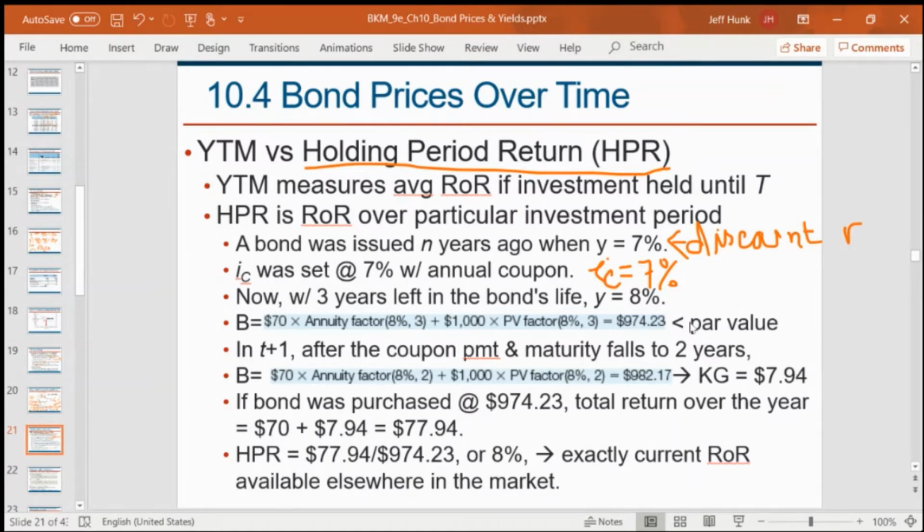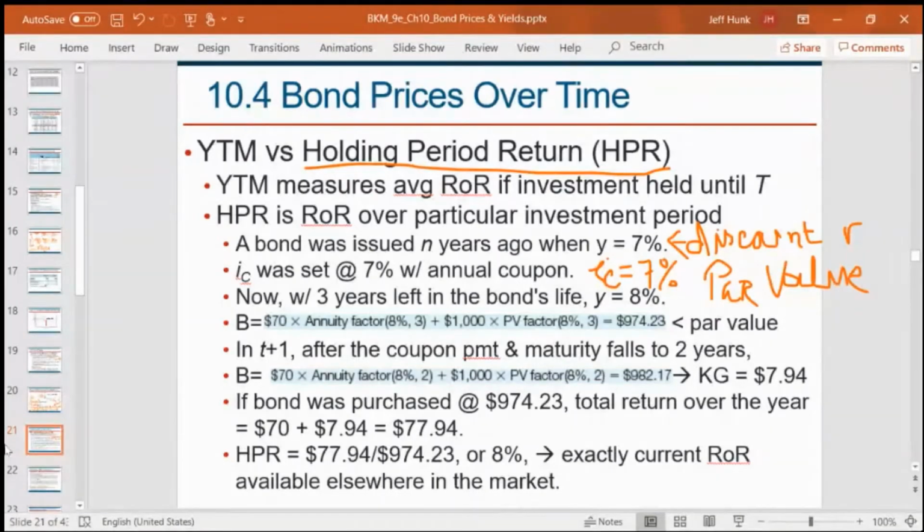So the bond was selling at par value, the par value of $1,000, n years ago.